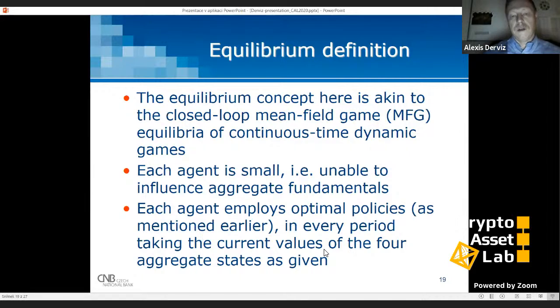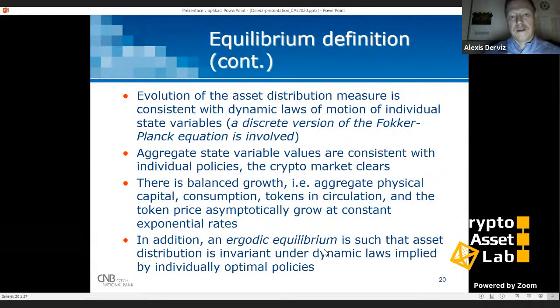I stick with global solutions because the method exists that allows me to obtain it relatively simply. This is a model in discrete time, so I cannot call the equilibrium the mean field equilibrium, but this is a stochastic discrete time analog.